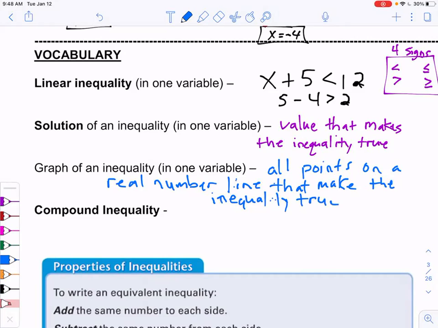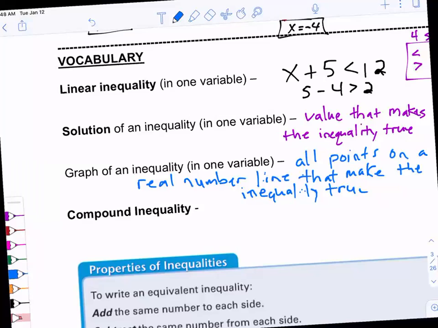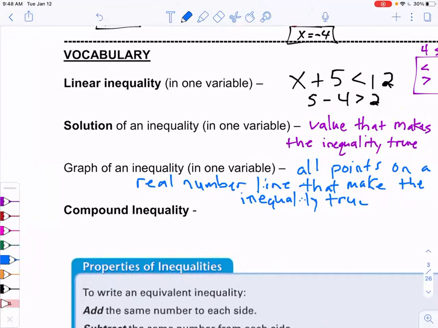So all the different solutions. So this is going to involve some type of shading. So it's not just x equals 2, it's going to be x is greater than 2. So we want to know what parts of the number line would show x is greater than 2.